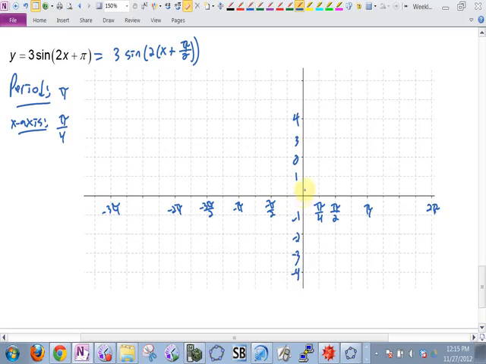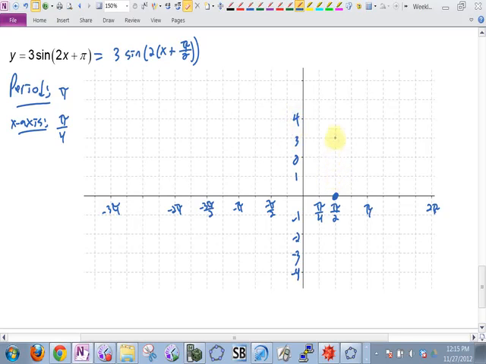Parent function sine at 0, 0. Vertically stretch, horizontally squash. Shift to the left pi halves. So we should have a point right there at negative pi halves, 0. Then, just because I wrote it doesn't mean I'm going to be graphing there. Alright. So the next point on your parent function is pi halves, 1.